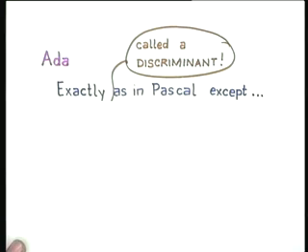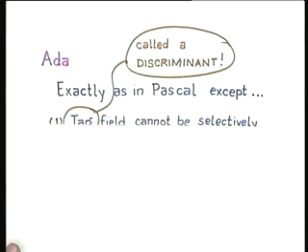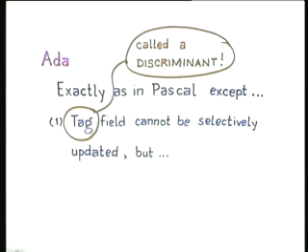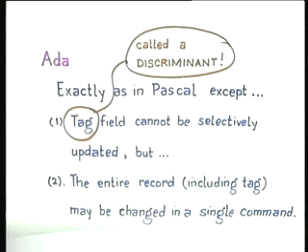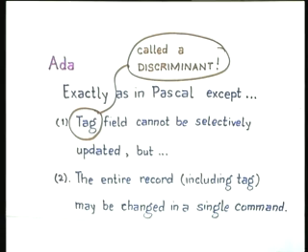The only difference was that Ada gave it a four-syllable name called a discriminant, which sounds more grandiose, but what they did in order to avoid the insecurities was that they said that anytime you are trying to change the tag field, you cannot selectively update the tag field. What you have to do is change the entire record, you have to reassign the entire record.